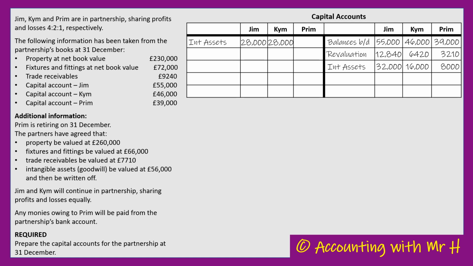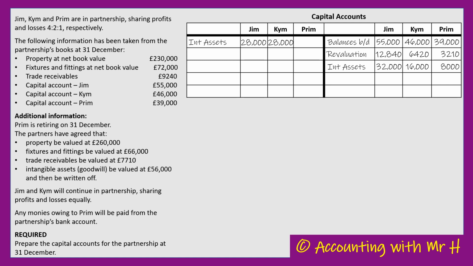Right, so all that remains for me to do then is to total off and balance off these accounts. And there's different ways of doing this. I often think the best thing to do is to start by looking at the partner that's retiring and let them retire. So Prim then, have a look at Prim's capital account. She's got nothing on the debit side and she's got 3 things on the credit side.